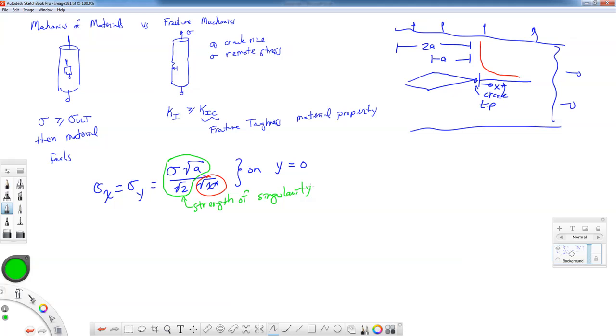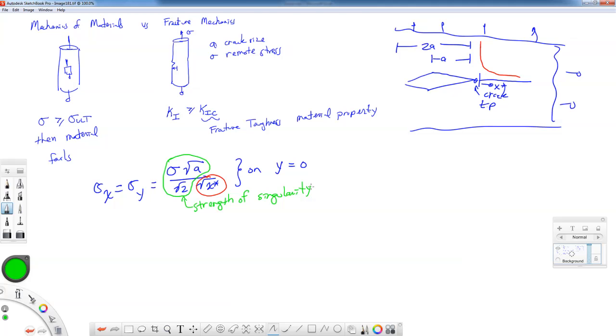Every crack problem in linear elastic fracture mechanics has, well, for mode 1 loading, and we'll talk about the modes later, a very similar expression. It's 1 over the square root of this x or r distance. If you're in polar coordinates, you'd use r, times some stuff out in front of it.